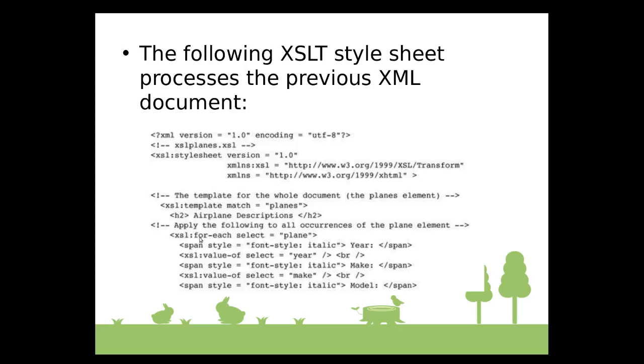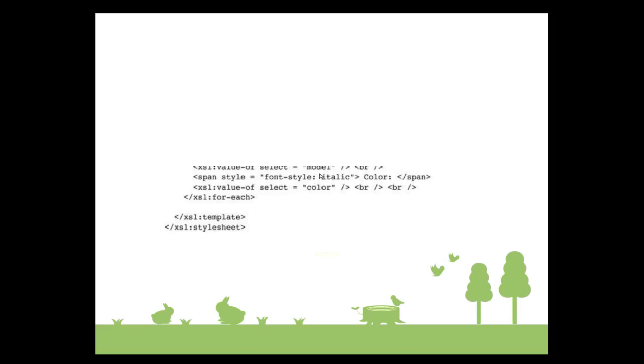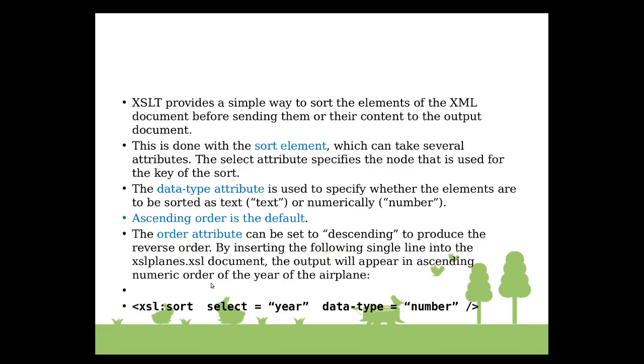And here we are going to use the for-each element with select attribute plain, and its style information is specified. Again, it selects the sub element year, then make, model, and then end of the for-each, end of the template element, end of style sheet element. Style sheet is actually the root element of the XSLT style sheet. So this is the output generated when applying this XSLT style sheet.